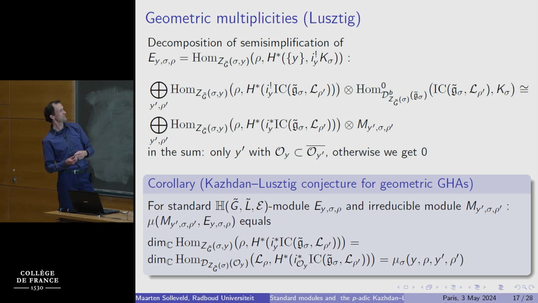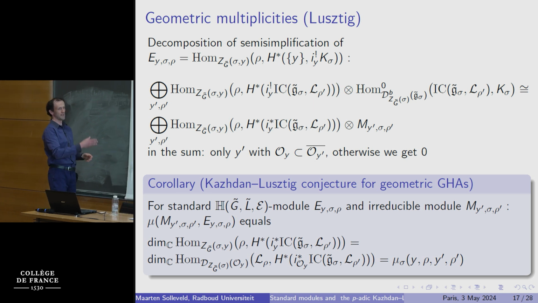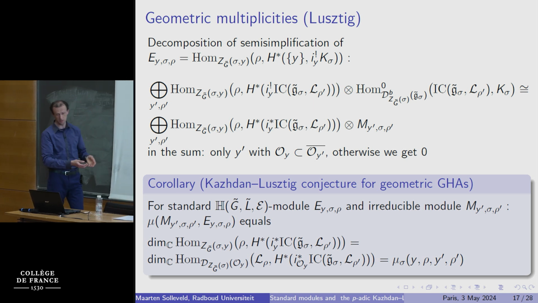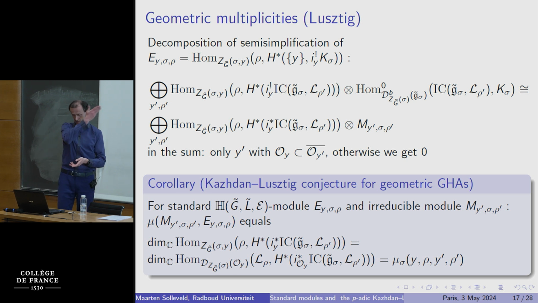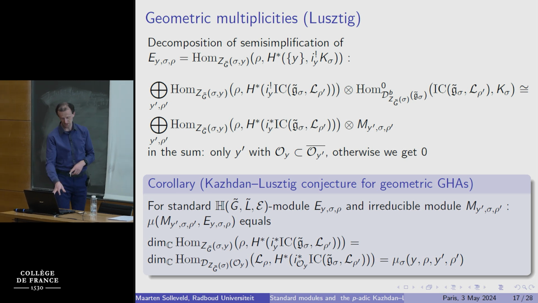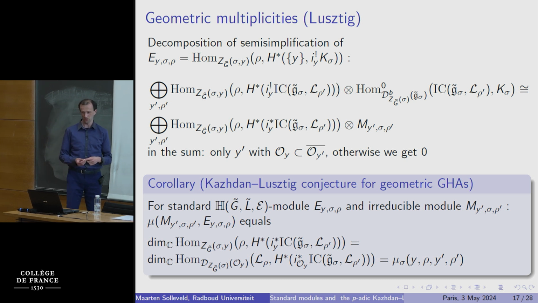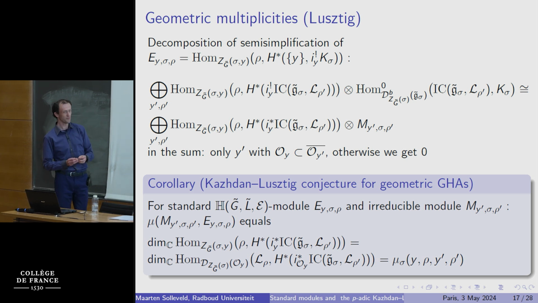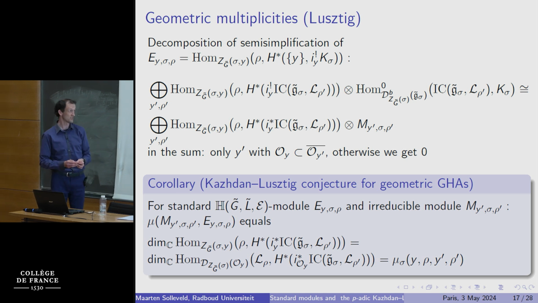So there one gets a way to express a semi-simplification of your standard module. You just have to replace the left-hand side by the dimension of this space to really compute the multiplicities. This is what Lusztig already observed in some paper. You have to look very hard in this paper to see that this is what it says.